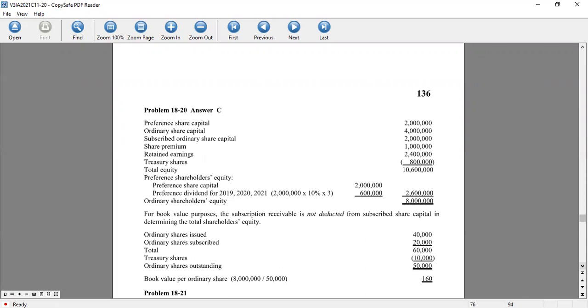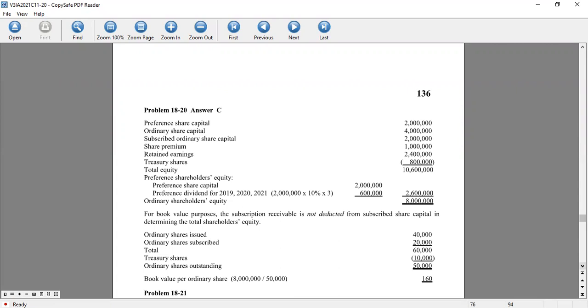These are the shares presently in the hands of the shareholders, 50,000, and we divide 8 million, the ordinary shareholders' equity, by the outstanding shares. So the book value per ordinary share is 160. That's letter C.